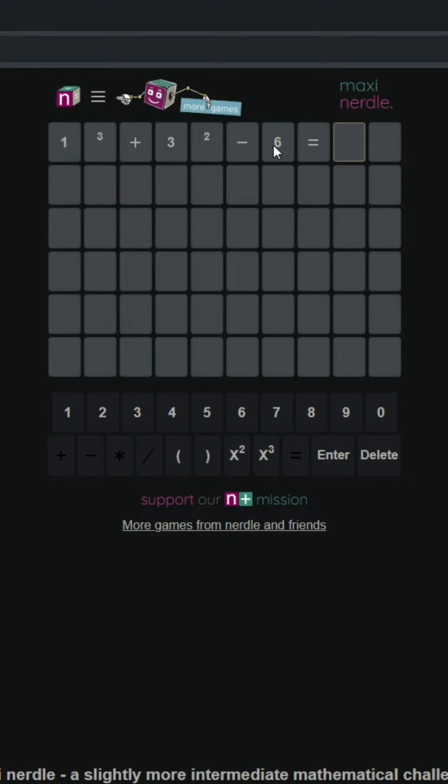There's got to be a better guess here then. Maybe 4 squared instead. This gives us 17, minus 6 gives us 11. It's not that great of a choice. 5 squared is 25, plus 1.